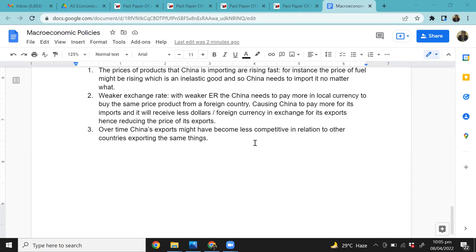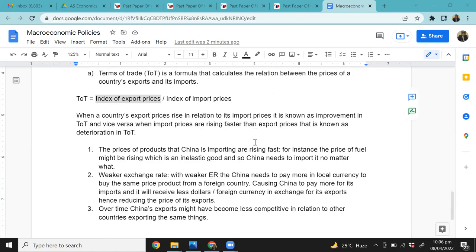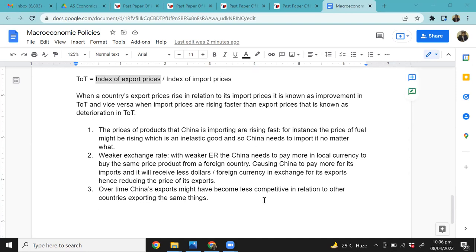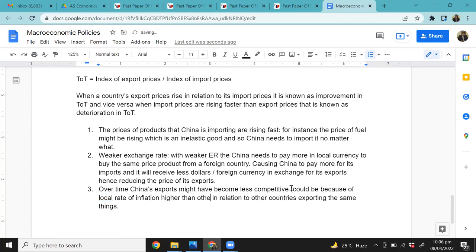So from importing countries' point of view, which product would you prefer? Won't you prefer the Bangladeshi product because that's relatively cheaper, right? So if our country's domestic rate of inflation is higher, our products become less competitive, and their demand decreases. Exactly what I was saying over here, right? Might have become less competitive, and in this you could have written that it could be because of a local rate of inflation higher than other countries exporting the same product.